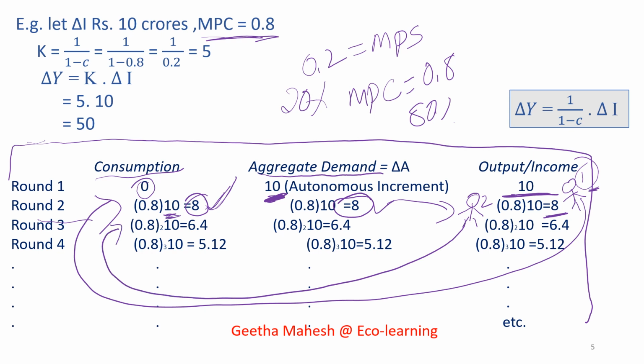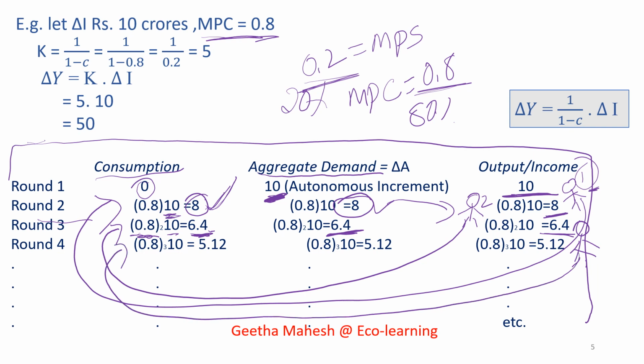Again, 20% is going to be saved and the remaining 80% consumed. What is 80% of 8? 6.4. So he is going to spend 6.4 crores, and the third person gets that as income. And this third person, again, what will he do?